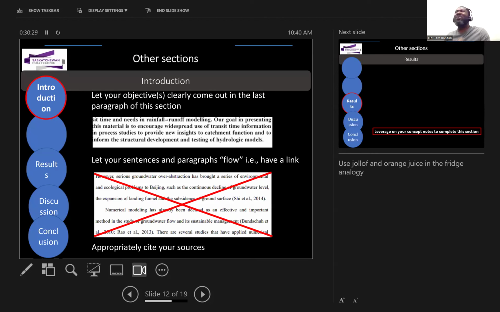What has orange juice in the fridge got to do with the jollof? You see the link there. The orange juice comes at the tail end of the dining table when everything is set and we are serving our food with orange juice. That is how the brain works. So let your sentences have links. They should have a flow so that the brain can comfortably follow.